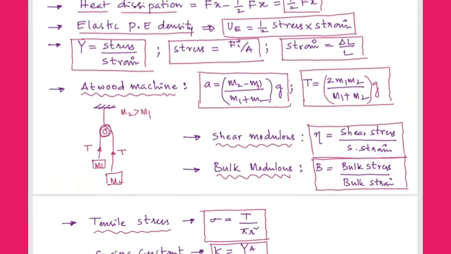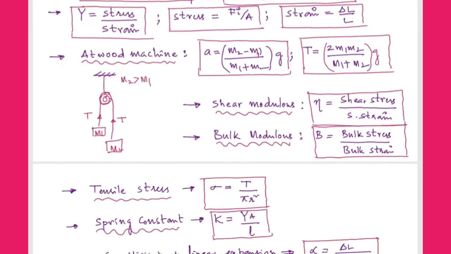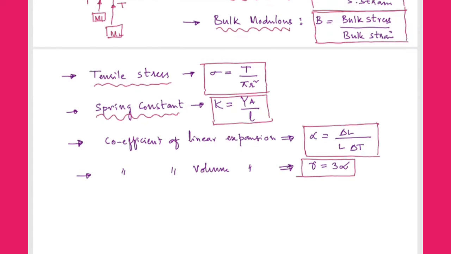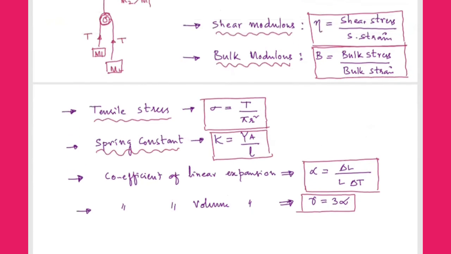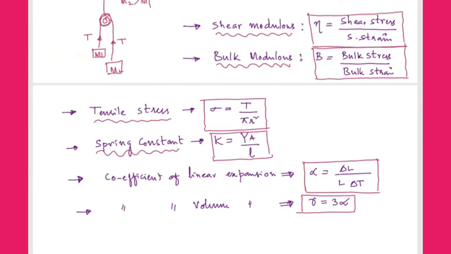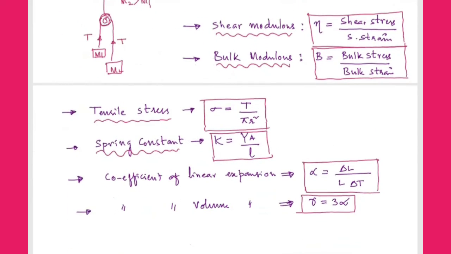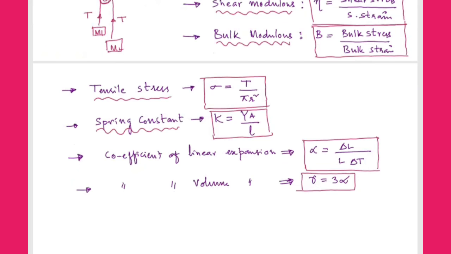Then the Atwood machine: what is the acceleration, how to calculate the tension. Then shear modulus, bulk modulus, tensile stress, spring constant, coefficient of linear expansion and volume expansion. After 2013, the questions asked are based on shear modulus, bulk modulus, tensile strength, spring constant, and a combination of thermal expansions, which we'll see in the next class.